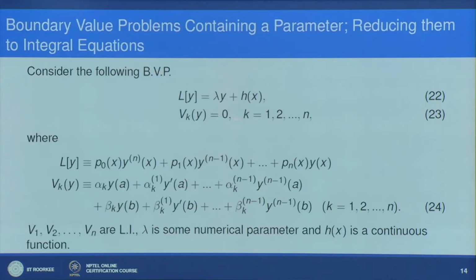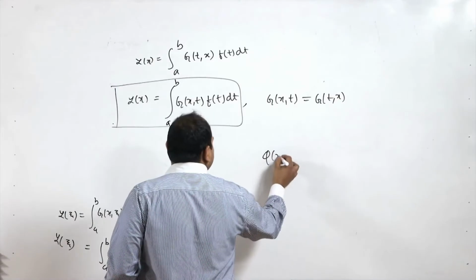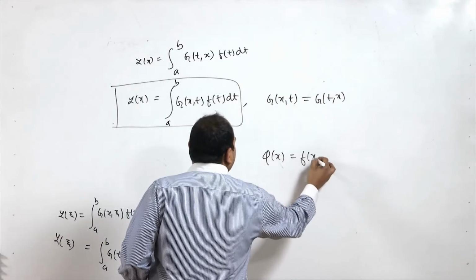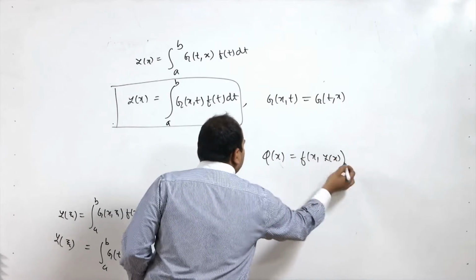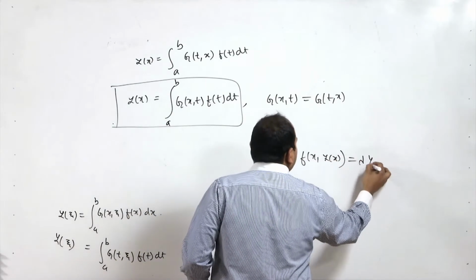Now let us use the same thing, but now we have a parameter involved, so that Ly is given as λy + h(x), or you can say that your φ(x) is defined as h(x) + λy. So here we have defined φ(x) = f(x, y(x)), and we can define this as λy + h(x).